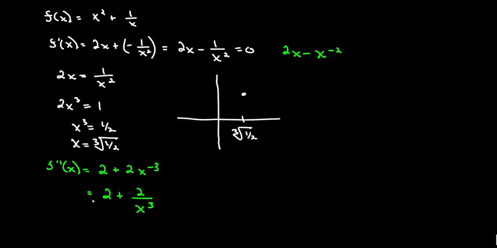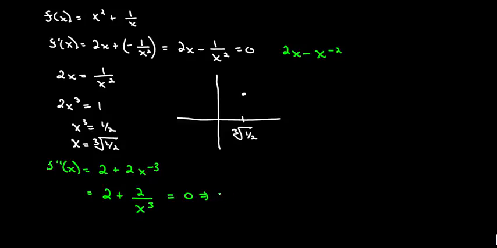Now, when this guy is 0, we've got a possibility for an inflection point. Okay, so let's go ahead and check. The only way to make this guy 0 is to let x equal negative 1. Now you can go ahead and test that out.